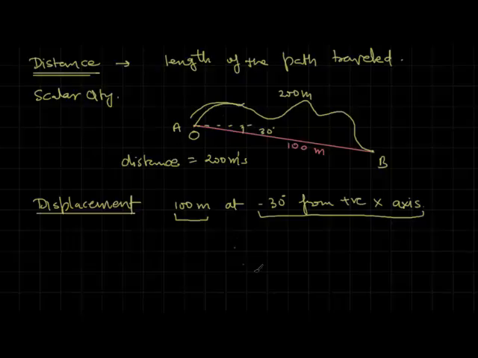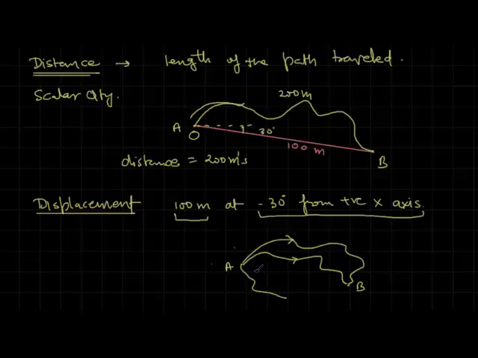Now it is interesting to note that you can reach point A to B in many number of paths. You can reach it in paths which may have different distance or even the same distance. So let's say this is 200 meter, this is 400 meter, and this is again 200 meter.